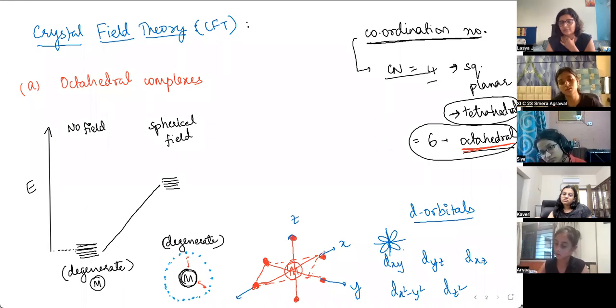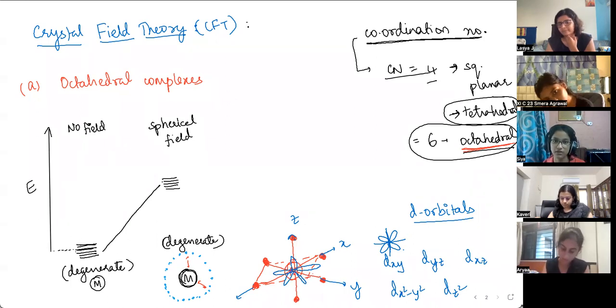What is the effect of these negative charges on the dxy orbital? Will it be more or will it be less? xy? More. Why? Because it lies in the xy plane and there are 4 points where it's attacking.